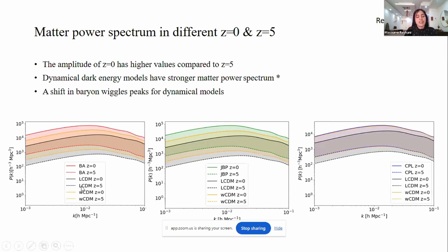And an impressive feature is that by moving toward lower k, or larger scales, we can see a shift to larger scales for the baryon wiggle peaks, especially for BA and JBP in comparison with the constant ones, but for CPL it is not as noticeable as the two other cases.